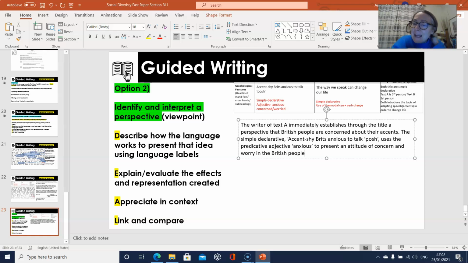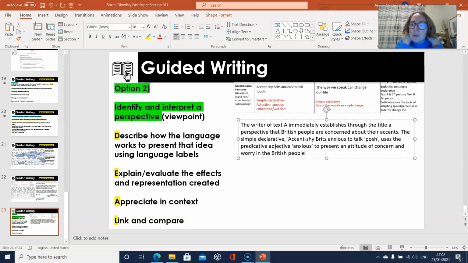Now, accent shy itself is quite a strange little kind of noun phrase that this writer creates. But to shy means if I'm shy, that I'm nervous of something, that I'm holding back. So accent shy. So Brits are shy about their accents, okay?